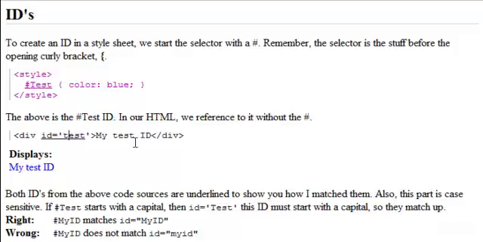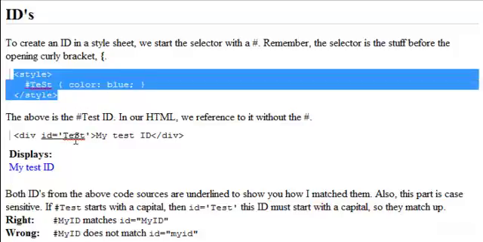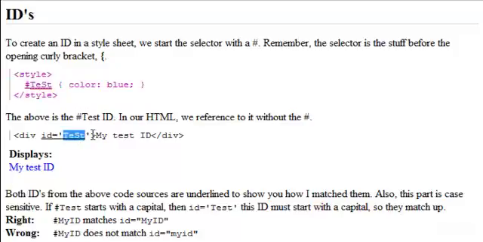If you wrote test with a lowercase t instead of test with an uppercase t, then your text in here would no longer be blue, because this in here has to match this. Now the CSS portion is actually not case sensitive at all, but the ID and classes are case sensitive. They have to match up perfectly.